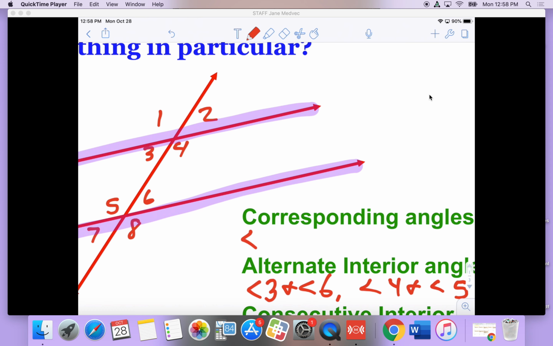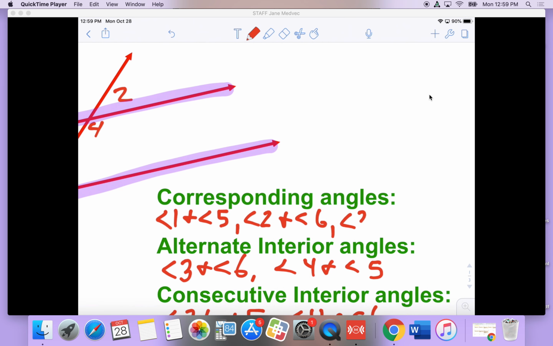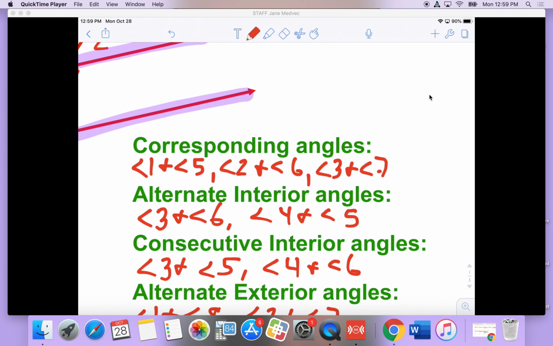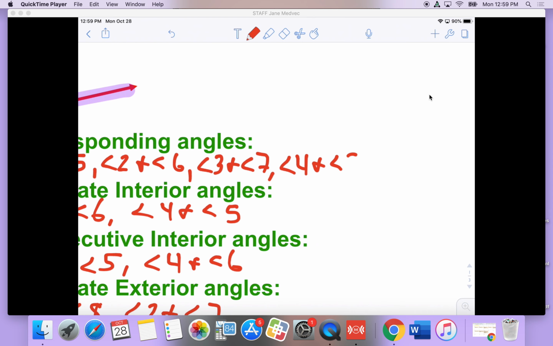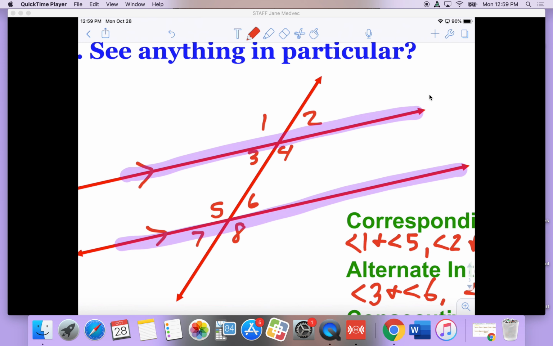If I do angle 1, you would do angle 5, because angle 1 is upper left and 5 is upper left. I say angle 2, you say angle 6. Upper right, upper right. I say angle 3 and you say angle 7. And then I say angle 4 and you say angle 8. That's right. And they kind of form that crisscross. Okay?